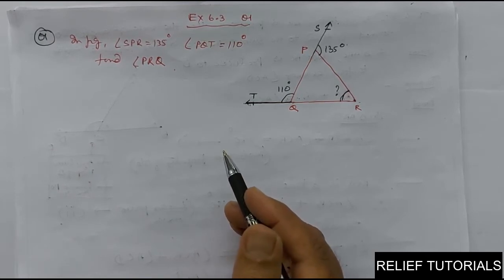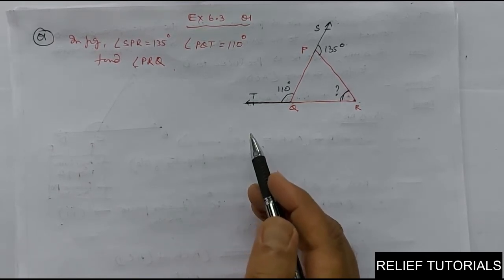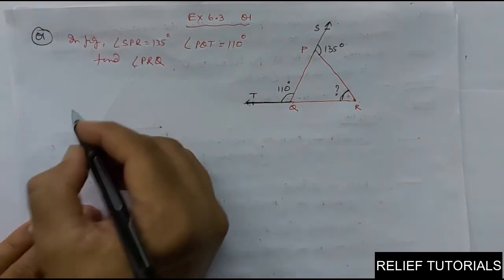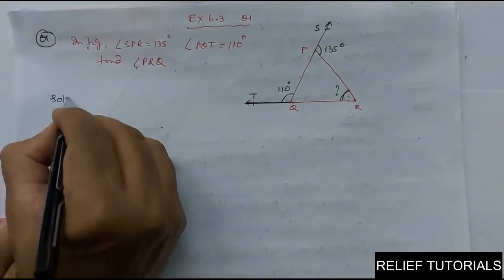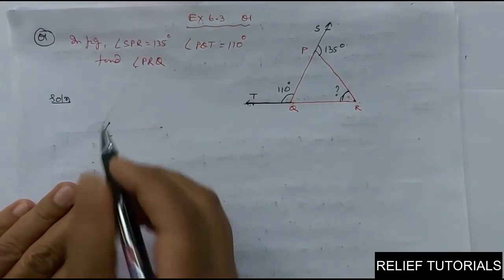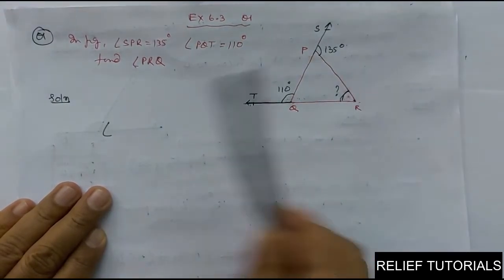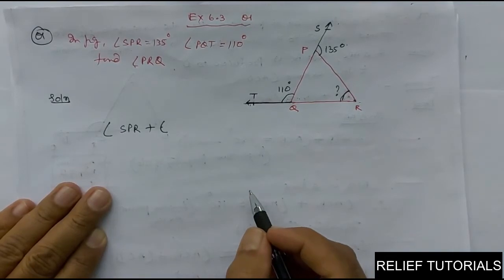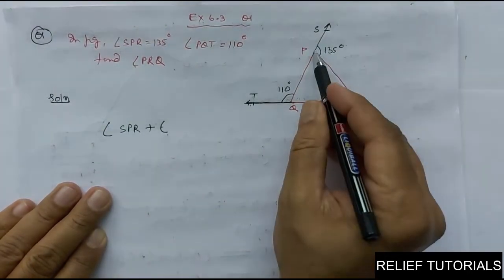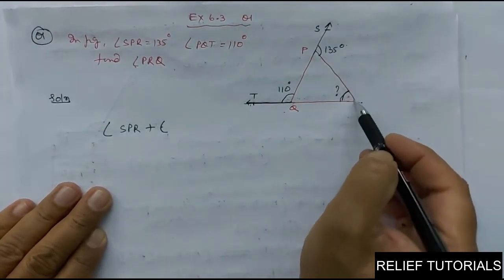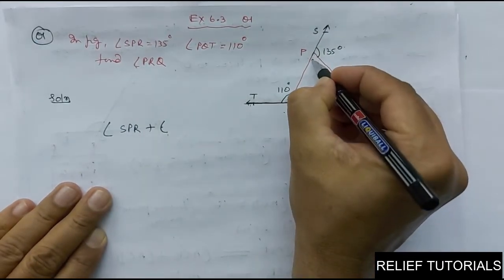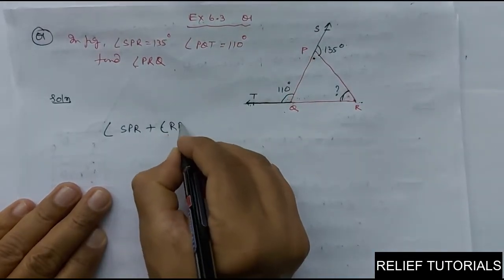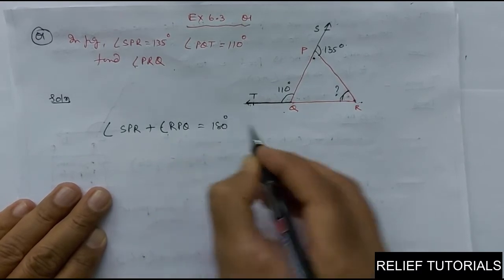See, first we'll write the linear pair concept. So here, solution. We can say angle SPR plus angle RPQ, these two angles, angle SPR plus angle RPQ is equal to 180 degrees.